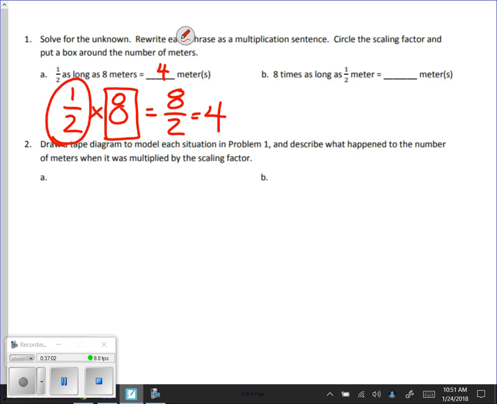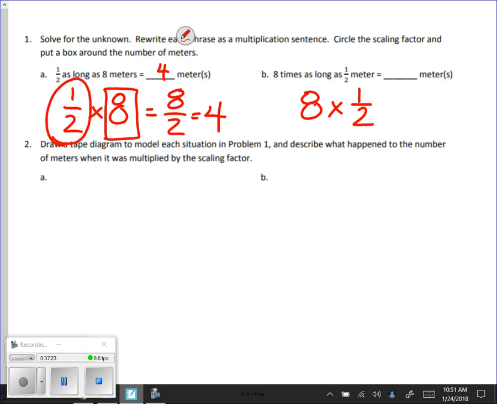How would you write the number sentence? Don't look over there. We're not doing a conversion. 8 times as long as 1/2 meter. Thank you. 8 times 1/2.